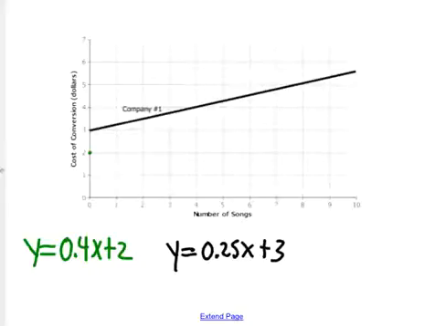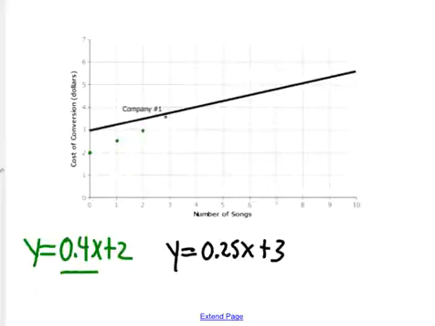Now, the next one though, so I buy one song, it's going to be $2.40. So I want to say it's roughly about there. And then I would buy another song, so that would be $2.80. So it'll be just about there. And then another song, so let's see, 0.4 times 3 would be $1.20. So now I'm at $3.20.